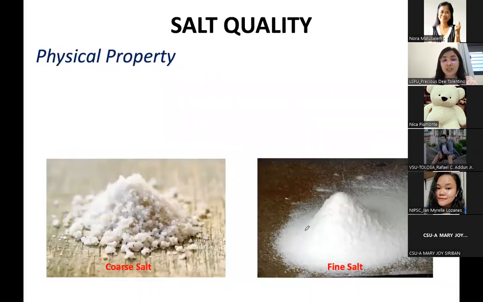Okay. So the physical property of salt, which of these should you use for a particular processing technique? So we have here the coarse salt. Kilala natin ito. Usually ginagamit natin ito. And then we have the fine salt. So it's up to you kung saan yung gusto nyo siyang gamitin.